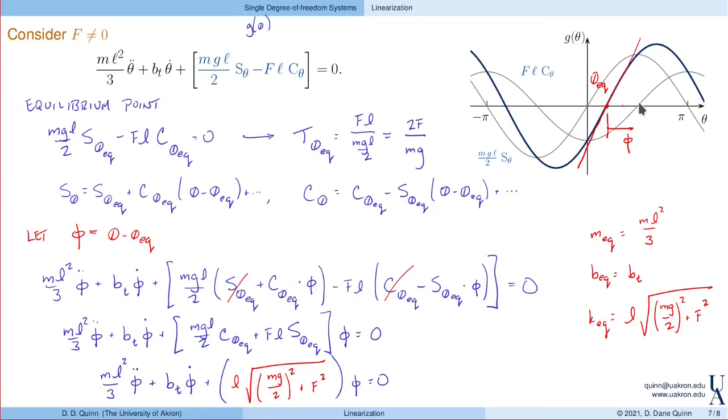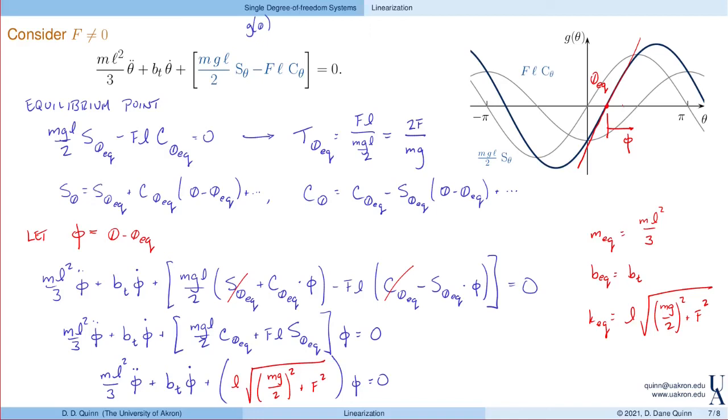So when we linearize equations, we can now account for changes in the equilibrium points through the Taylor series of our nonlinear functions. Admittedly, what we're doing on this slide is fairly advanced.